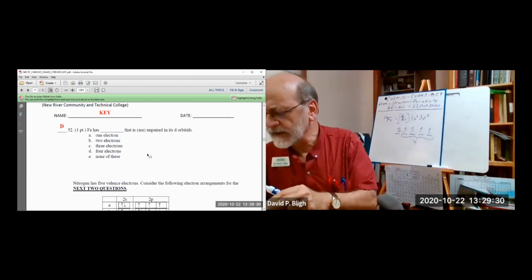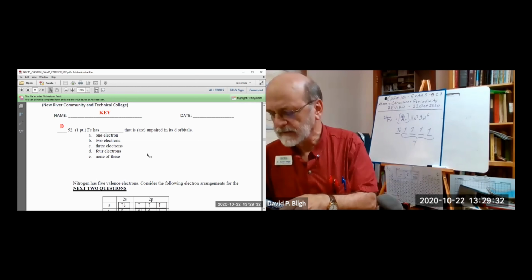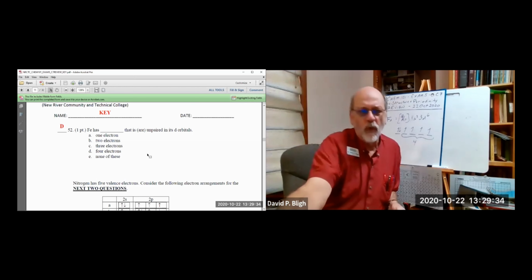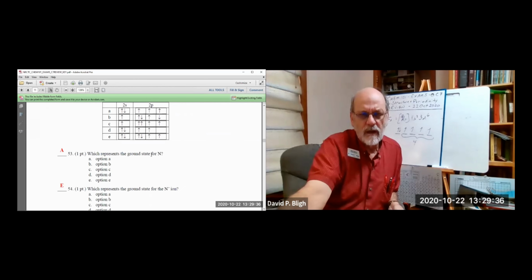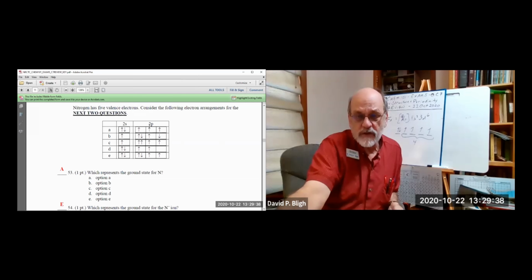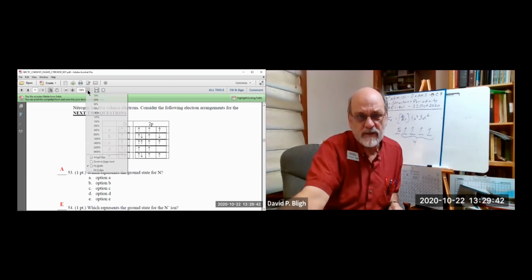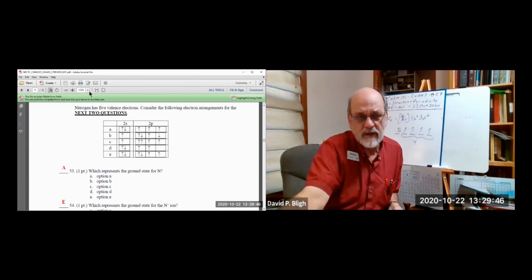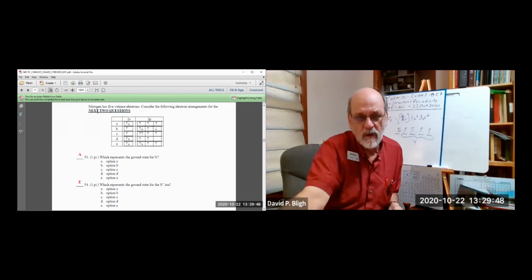Okay, let's see. Let's do 54. Okay, we're going to be using this chart, but I'd have to shrink it so we can see all at one time. No, that's not enough. A little more. How about that?